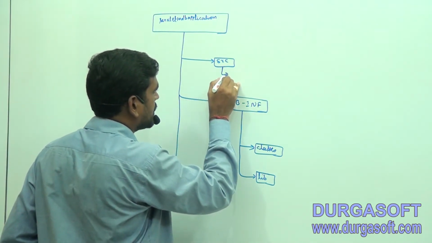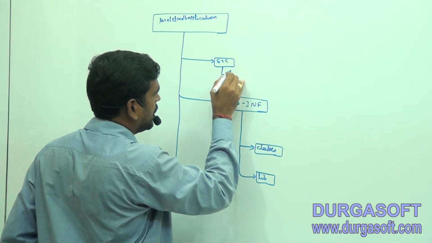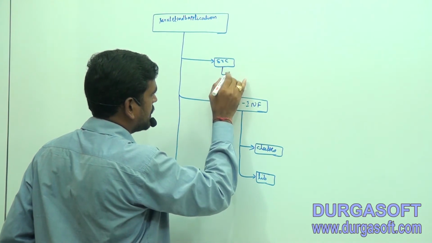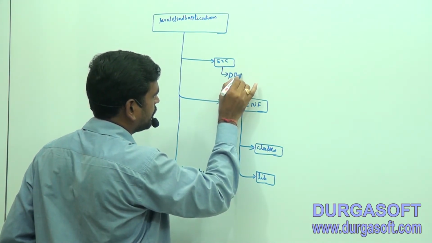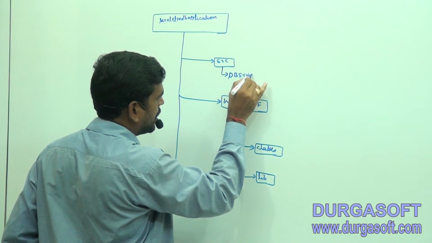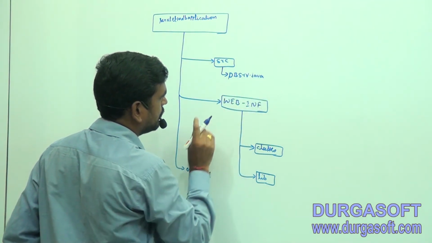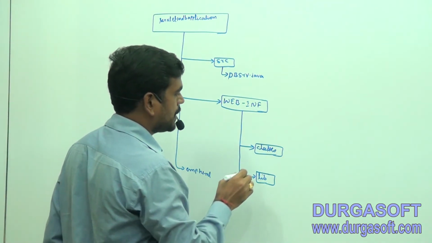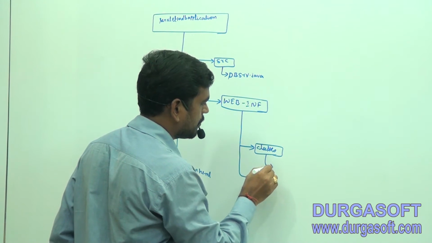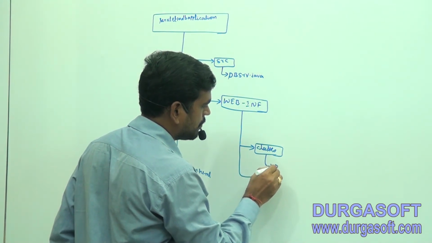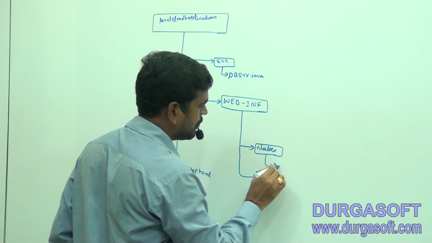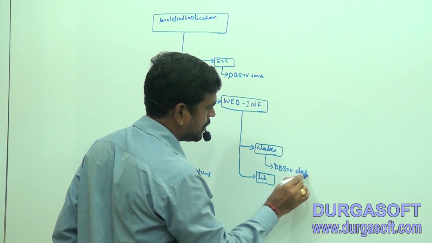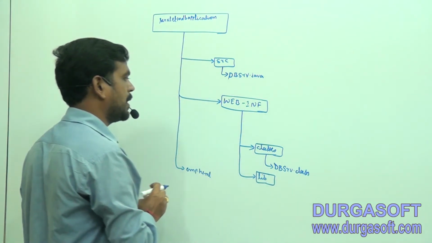That servlet we can place under the SRC folder, that is dbserv.java. So after compilation we will get the .class file, that is dbserv.class. That .class file we can place under the classes folder.